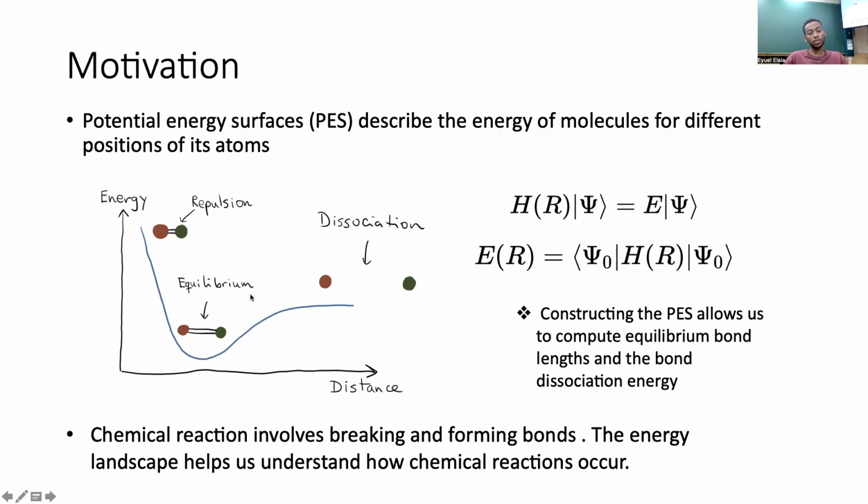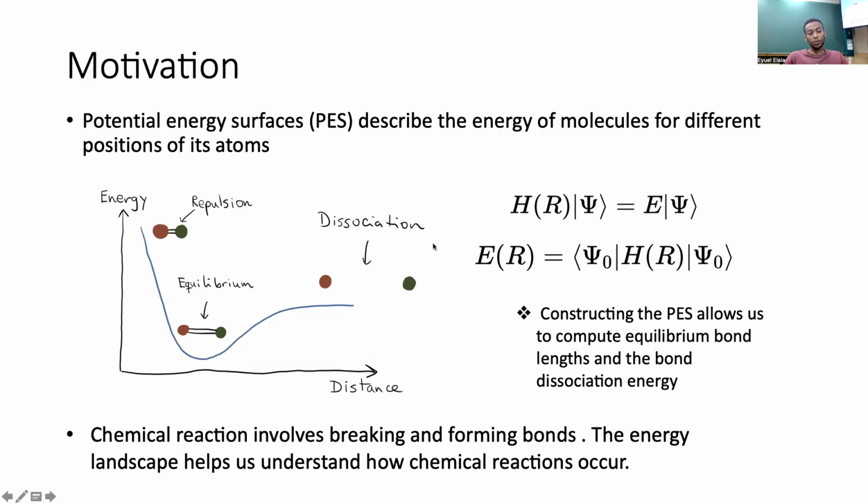When you have a certain molecule, let's say that we're given this Schrodinger equation, and for a certain molecular system we can plot the energy of that system at different distances. A molecule is just a cluster of atoms in space with certain distances between the atoms, right?